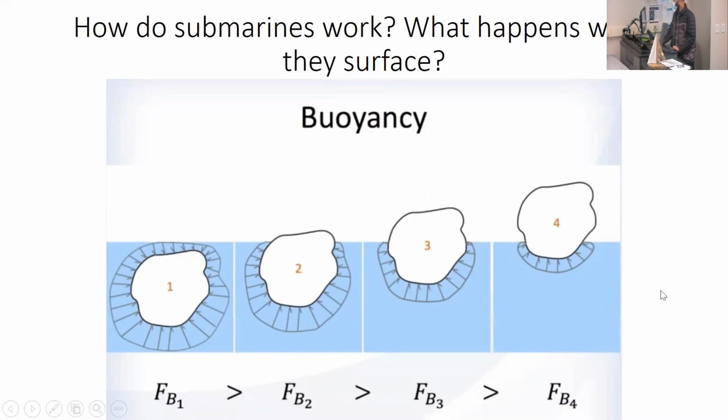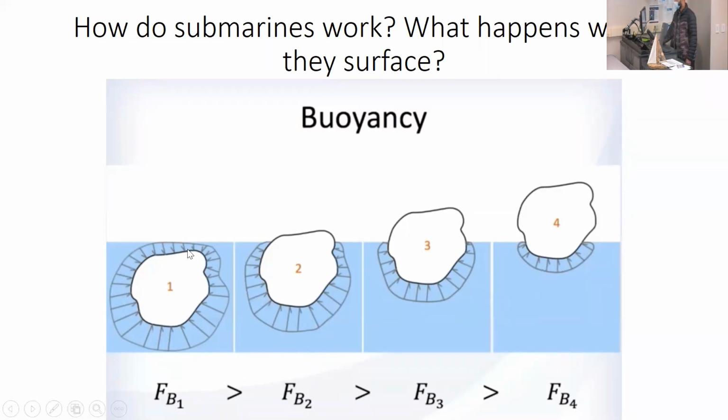If you don't fill up the ballast tanks, this is what it'll look like. The weight of the equipment, of the people, of the fuel doesn't change as you go up or down. The only thing that changes is the displaced volume, okay? So if you're full of air, you'll float on the surface. But as you start filling up some of that dry volume with water, you lose displaced volume.